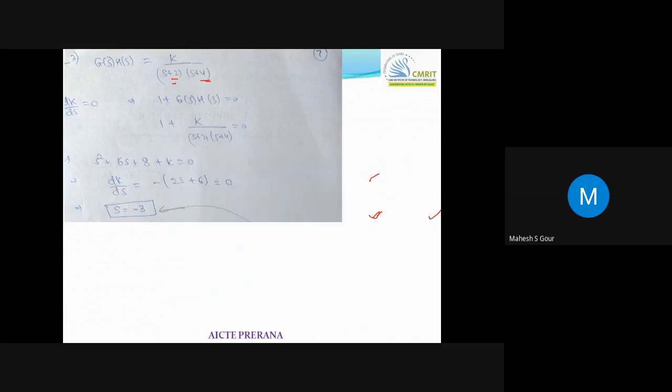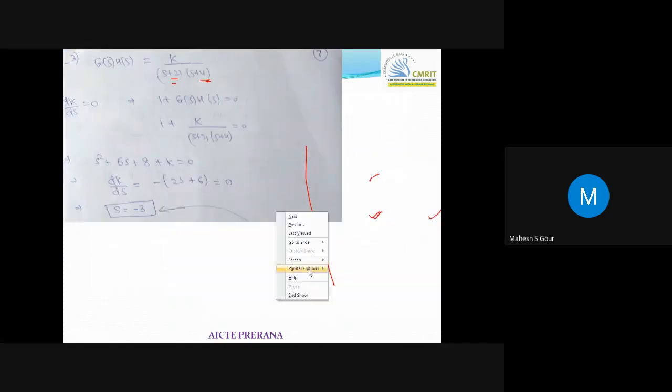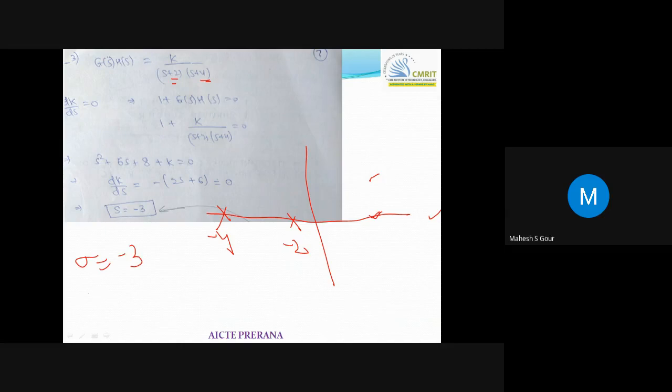Now, okay, I need to solve, I'll use this part only. Okay, so here this is your -2 and the other one is at -4. Your centroid was at -3 and the angles were 90 and 270, correct?